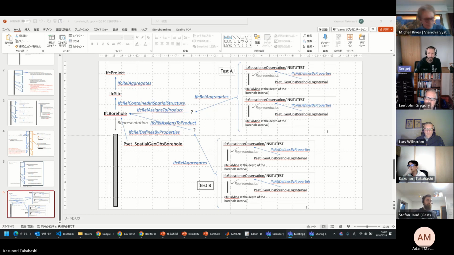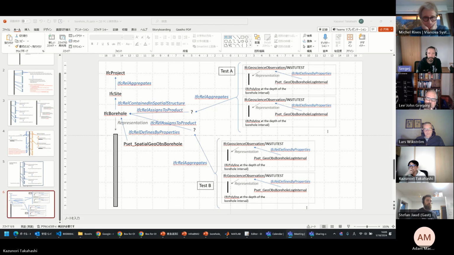Of course, then the creator of data has to be consistent in updating these two values so that they don't diverge.